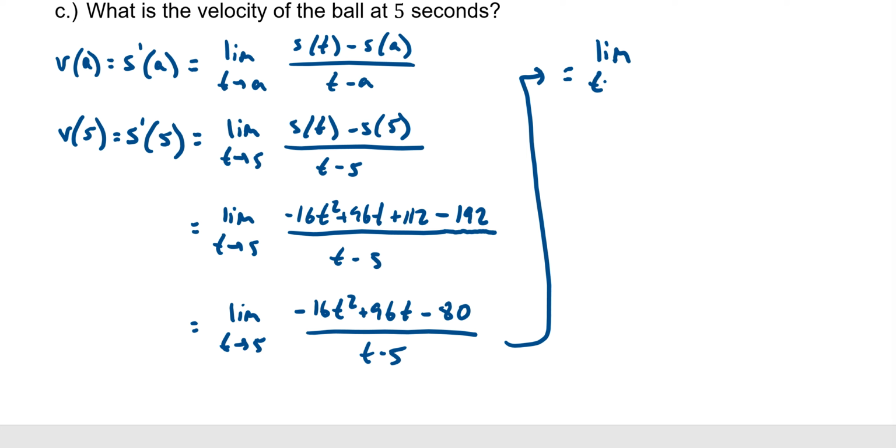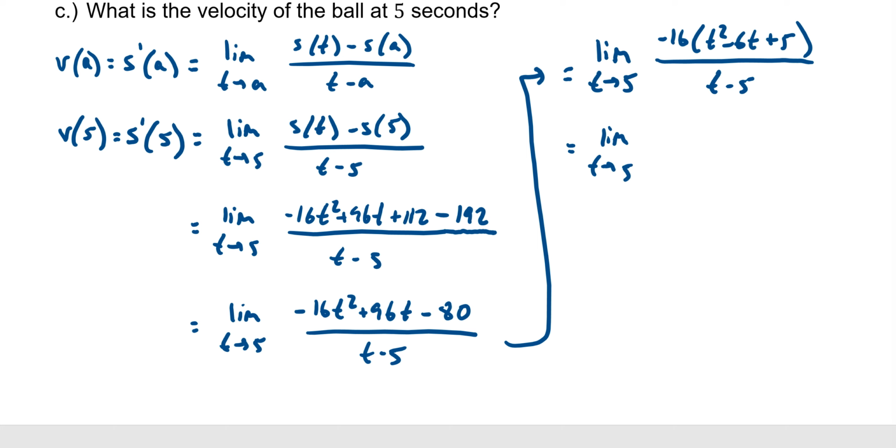So we should be thinking that we will end up being able to solve this by factoring. It looks like we do also have a GCF of 16 in the numerator. I'm going to factor out a negative 16. If we factor out a negative 16 in the numerator, we're left with t squared minus 6t plus 5, all over t minus 5. And now it probably looks like it cleaned up kind of nicely, because this quadratic expression left over, we can factor one more time.